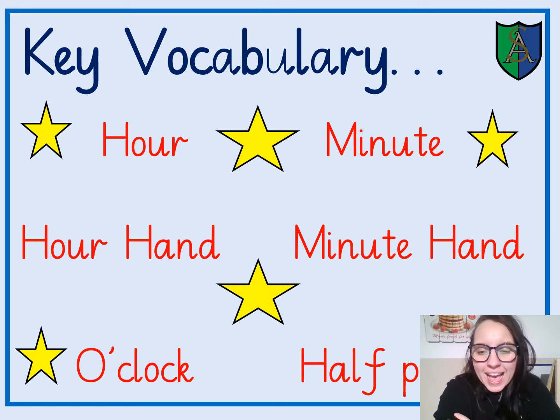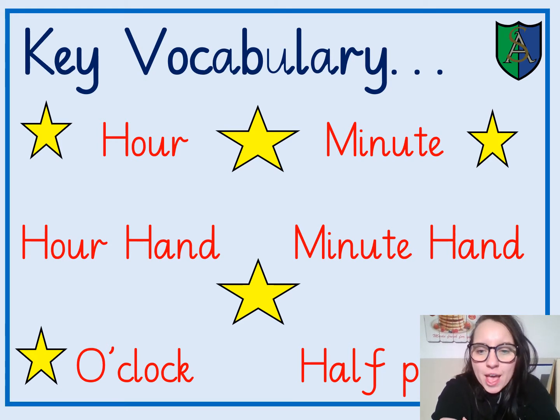Okay, children, I've just put this slide in from the last lesson, so we've got the same vocabulary as last lesson in today's lesson. Now, one thing that we did at school when we were practicing telling the time was I was making different arrangements on the clock and then asking the children to prove it. For example, if I showed them 5 o'clock on my clock, if they got the answer right, I was saying, well, how do you know that?